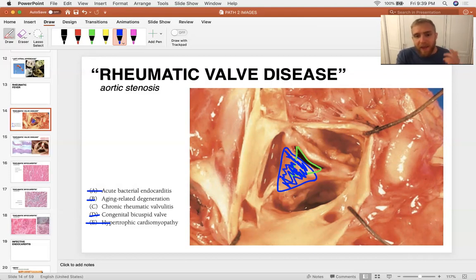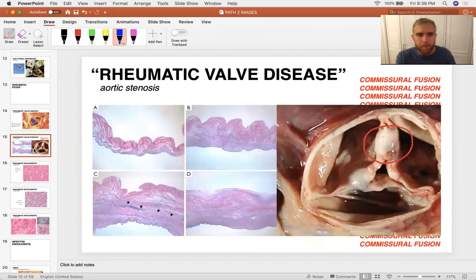That's a big concept, because it differentiates your rheumatic aortic stenosis and mitral stenosis from something age-related, like a congenital bicuspid valve or myxomatous degeneration.